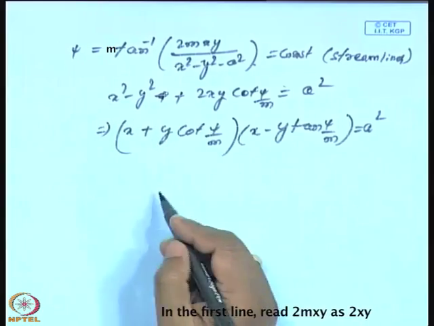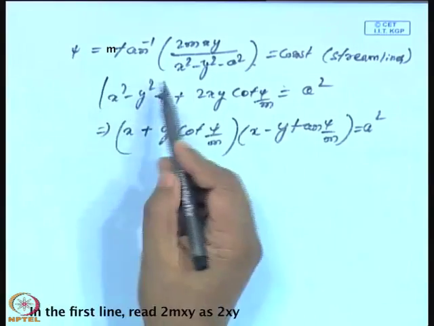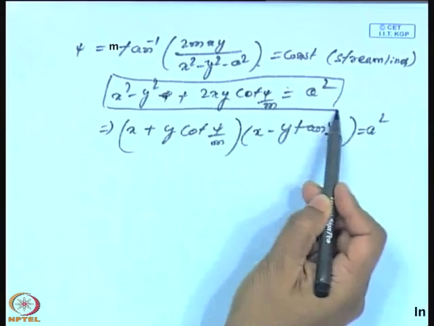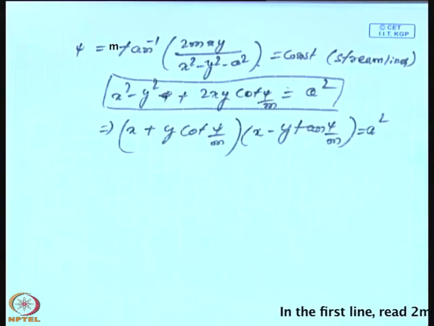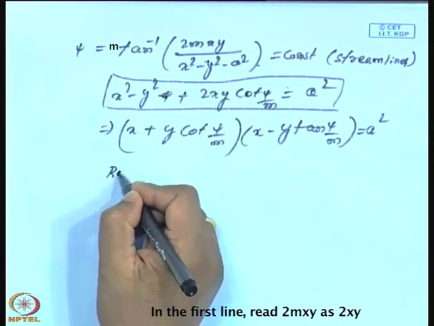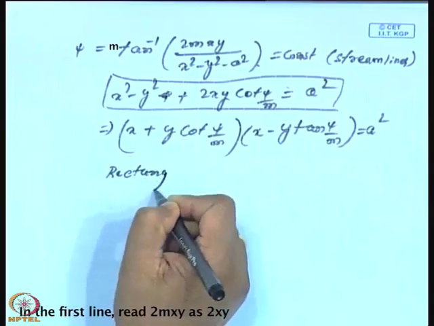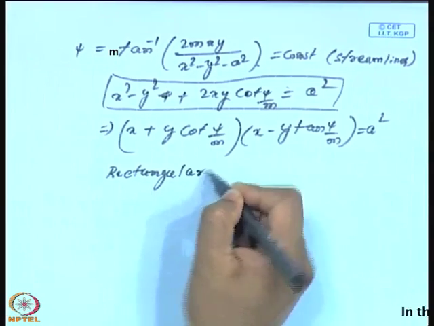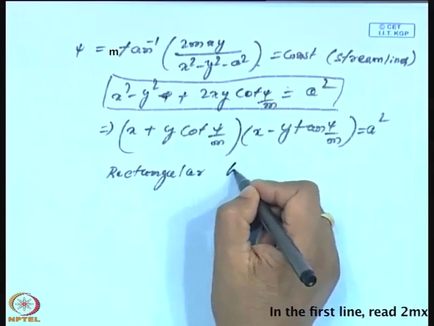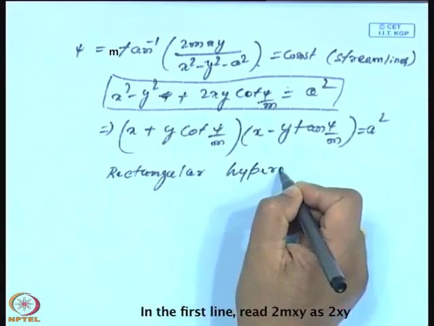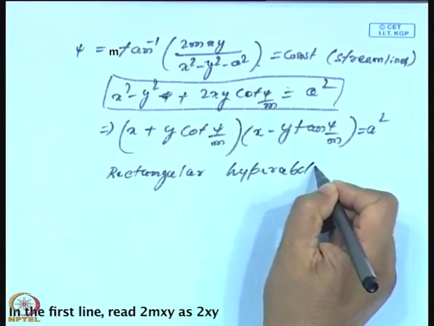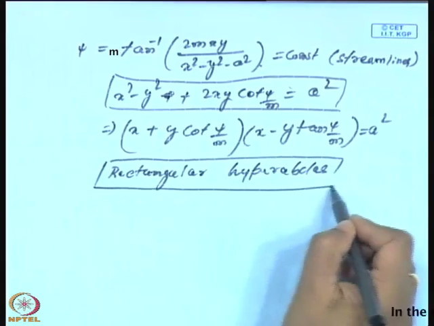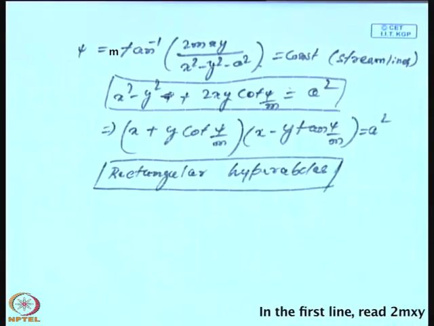So if you look at this, it can be seen that these again give me rectangular hyperbolas, some kind of rectangular hyperbolas.